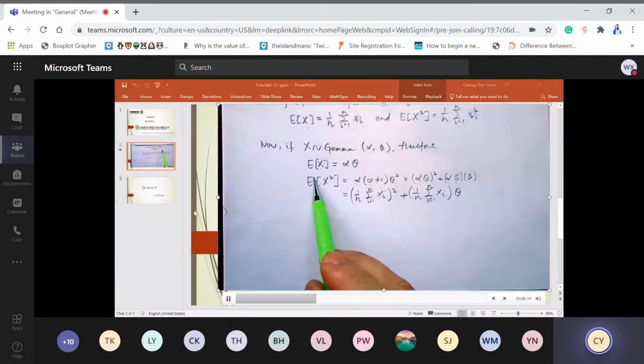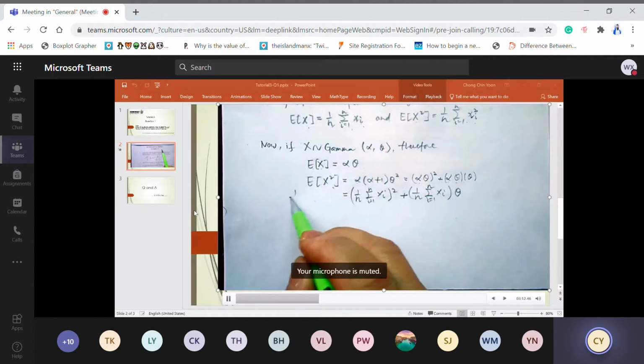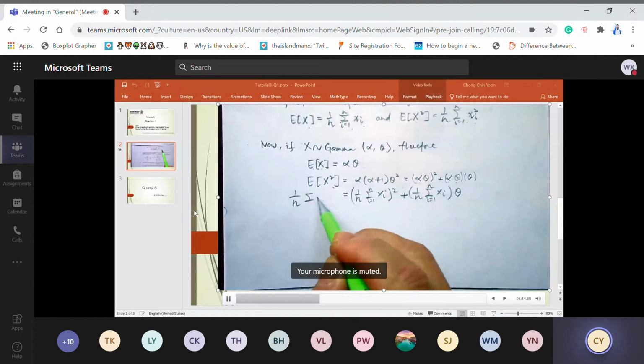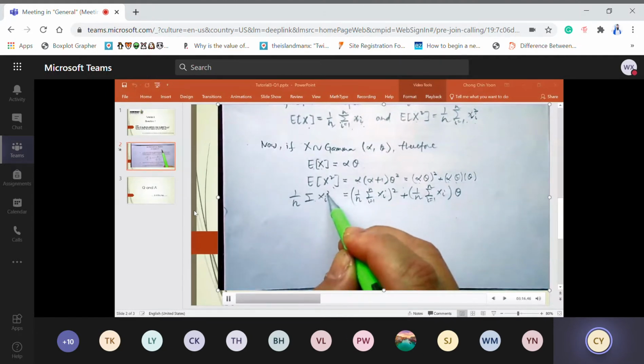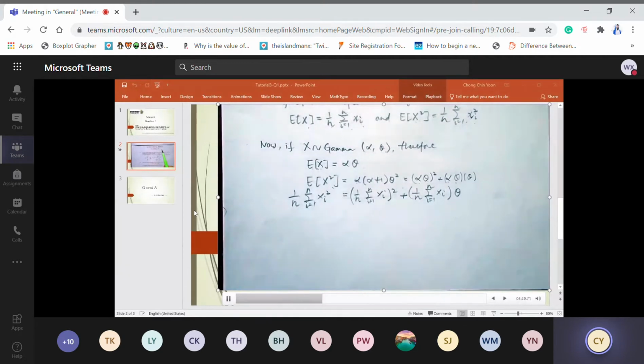And of course, this is the second raw moment, which is equal to this. So the left-hand side equals 1 over n multiplied by the summation of xi squared, where i is taken from 1 to n. So this theta will be equal to this minus this and divided by this.